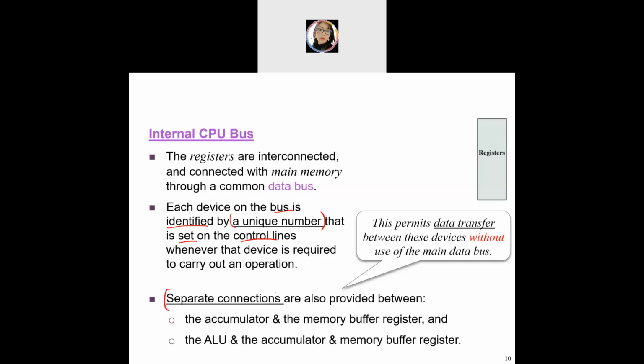So separate connections are also provided between your accumulator and memory, and also ALU and the accumulator, and also memory. So there will be a separate connection. This permits data transfer between these devices without using the main memory bus. You are using only the internal CPU bus only.